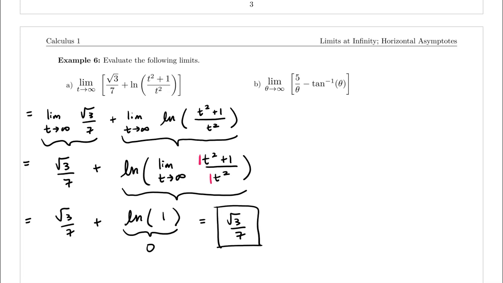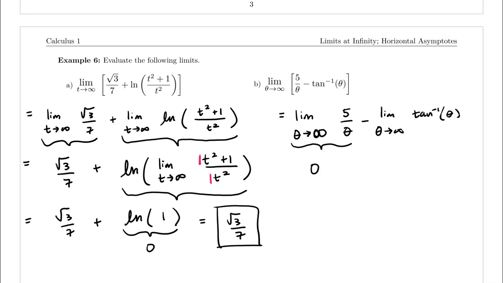For part B, I am once again going to split the limit into two using my limit laws. All right, so the first limit, as theta approaches infinity, the numerator is a constant, so we have that theorem.